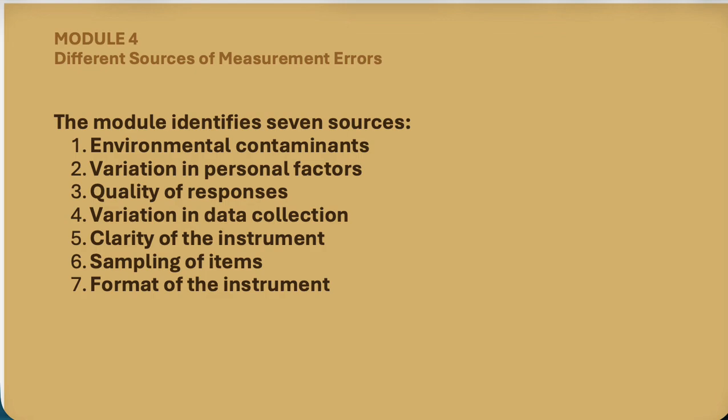And then, sampling of items. So, amo ni siya ang measurement instrument contains only a sample of all possible questions that could represent a concept. So, ang error there may occur when the selected items do not adequately represent the variable. Okay? Let's say, nursing research example naton. A questionnaire claims to measure patient satisfaction but contains questions only about room cleanliness.